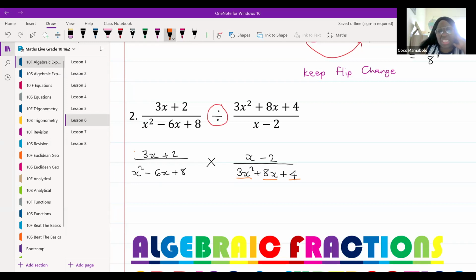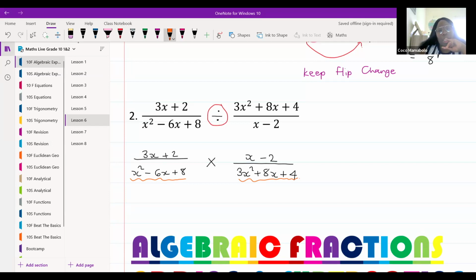Do they have any HCF, any highest common factor? No, not at all, my sweetie. Okay, so we can't use highest common factor, but I know that down here, there's a particular type of factorization we can use, and over here as well, there's a particular type of factorization I could use. What do you think?